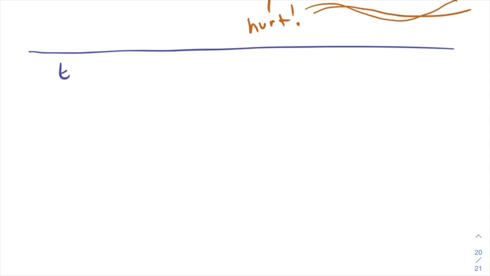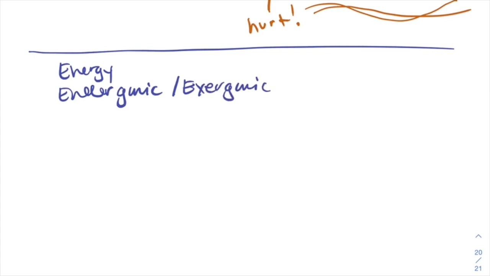We've talked about energy and the laws of thermodynamics. We talked about endergonic and exergonic reactions. We have talked about enzymes and how they work, and they end in the word ase, and how to mess up the shape of enzymes.